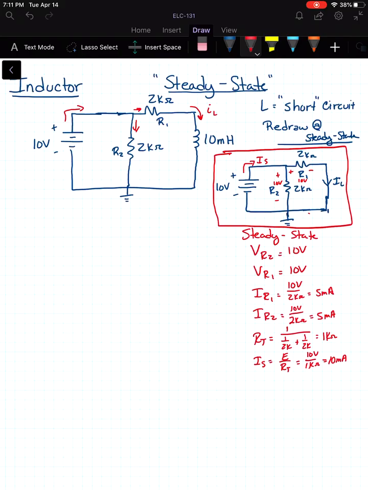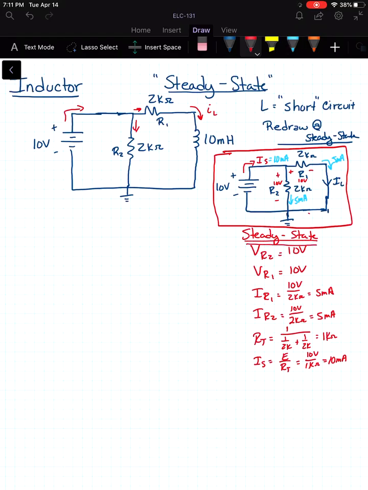And that makes sense because we've got 10 milliamps coming into a current divider, 5 milliamps this way, and 5 this way. So these are my steady state conditions.